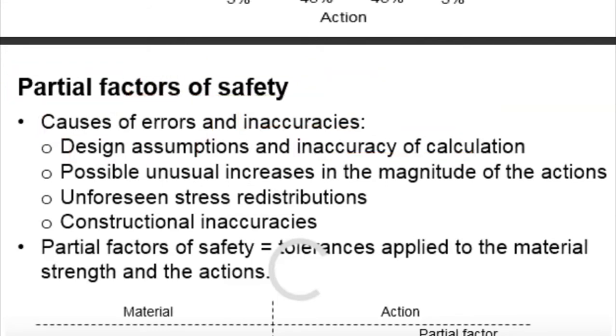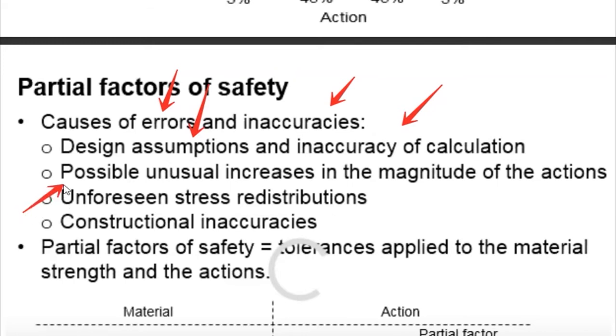So we take the partial factor of safety in order to cut off all the errors or inaccuracies, where the assumptions can be not correct, or the accuracy of the calculation can be not correct. So in order for the structure to remain safe, you consider the partial factor of safety.